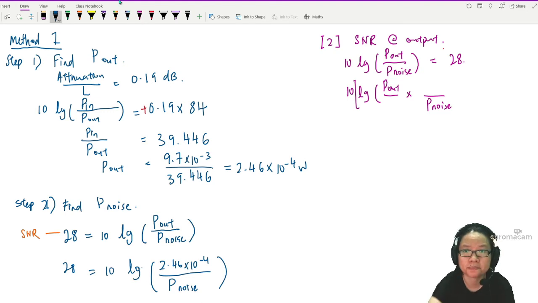What do you want? I want P in over P noise. So I'm going to put P in here. What I want is input over noise. Then you put P in here. These two P in will cancel out. So it's as if you didn't change anything, right? Correct? I'm going to open this. Okay. So when I open this, I get 10 log.